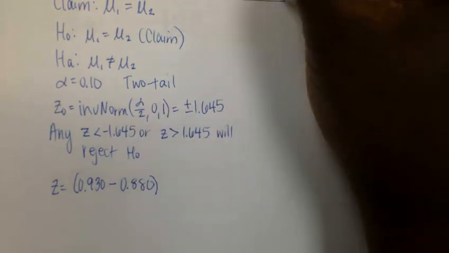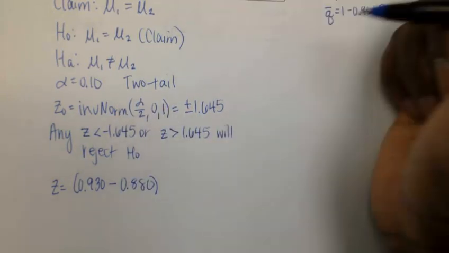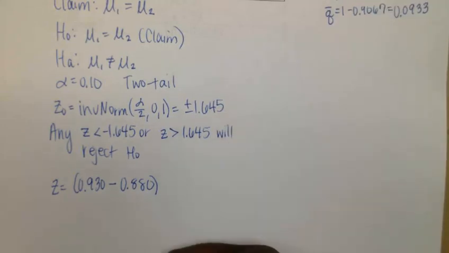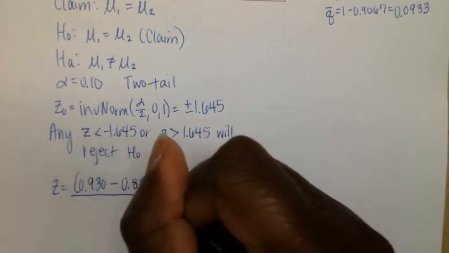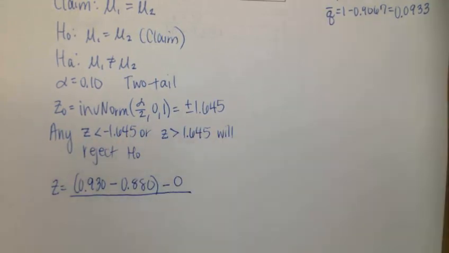I think I have it wrong up here, let me change it: 0.880. Then minus 0, because we always assume that they're equal.